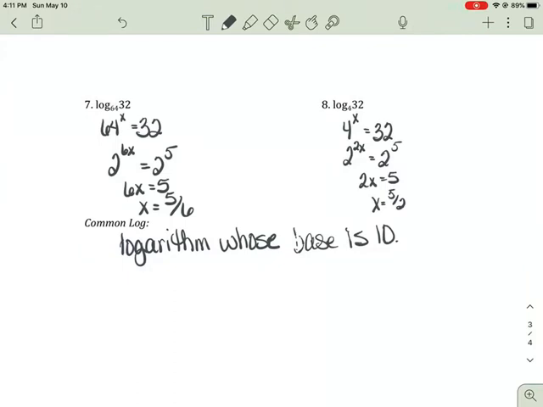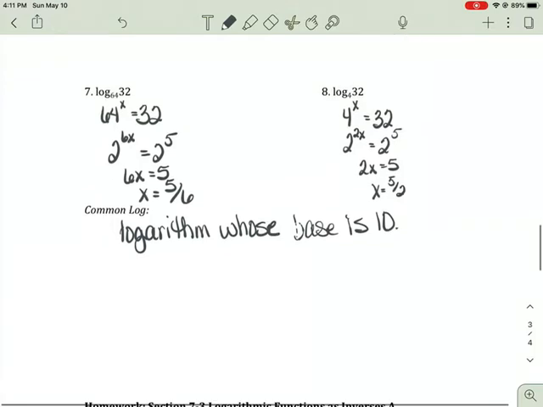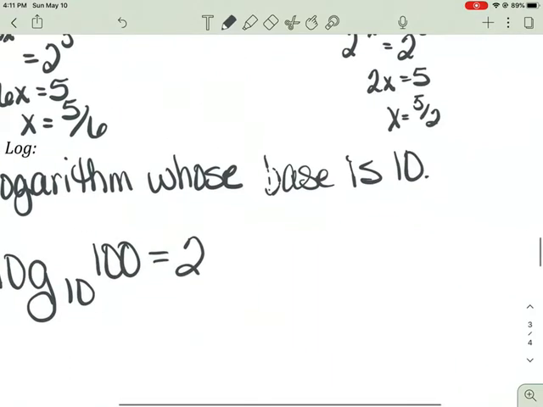It's called common because that's the one that's used most often. It's the one on our graphing calculators because they don't have other bases. This is the one we're going to use when we're trying to solve and can't figure out the relationship.